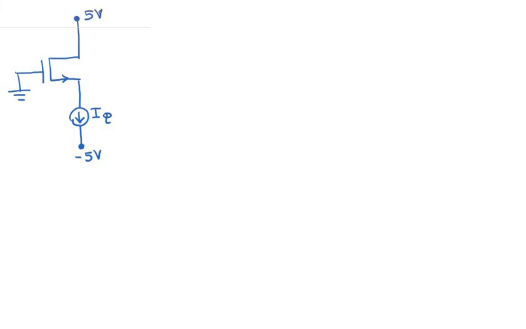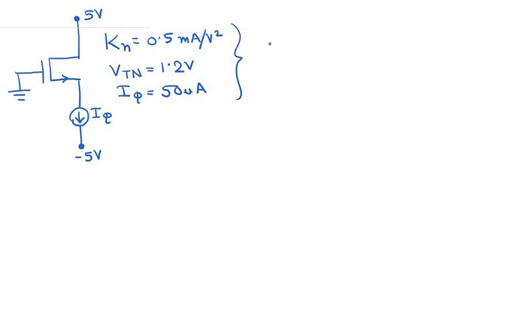The information given is that for the MOSFET, the conduction parameter capital Kn is 0.5 milliamperes per volt square, the threshold voltage VTN is equal to 1.2 volts, and IQ is equal to 50 microamperes. These three are the given information, and you are asked to find out the values of VGS and VDS.